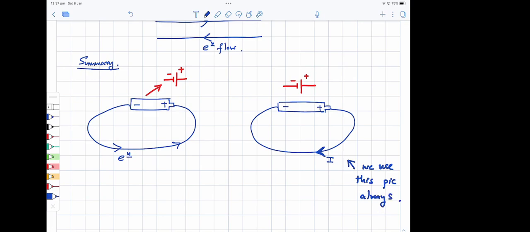We are not considering the electron flow but the current flow. So by definition, current flow is opposite to the electron flow. Actually what is flowing is electrons. There is nothing called current. Current is a hypothetical quantity, right? We use it for our understanding purpose. Okay. Any question? No. Okay.